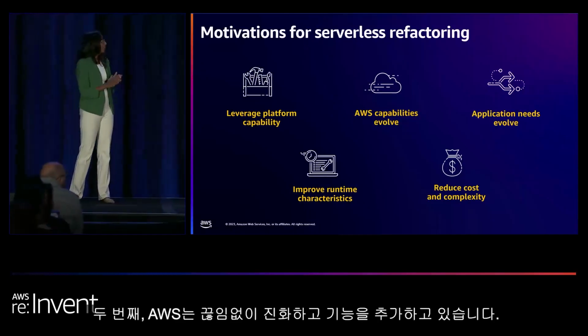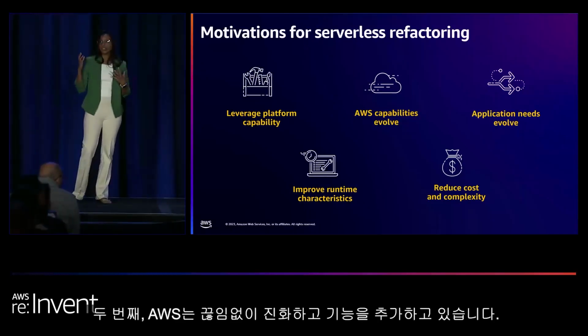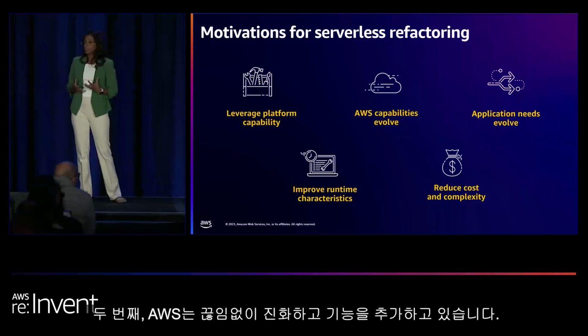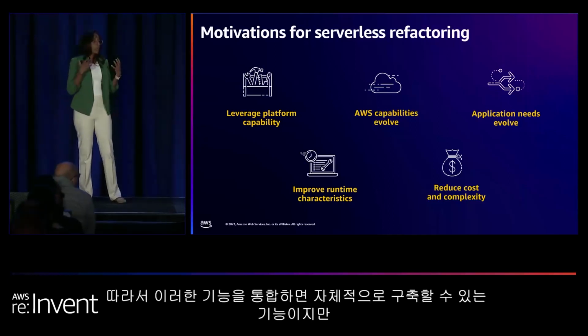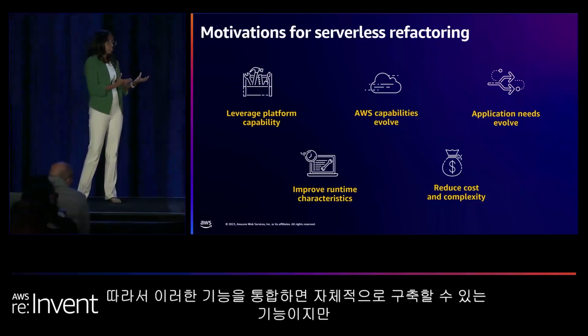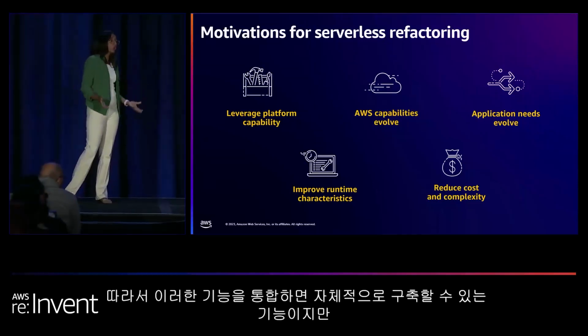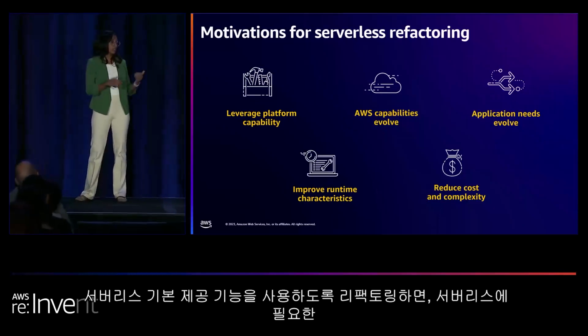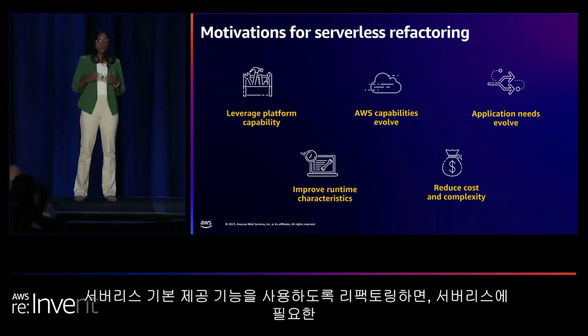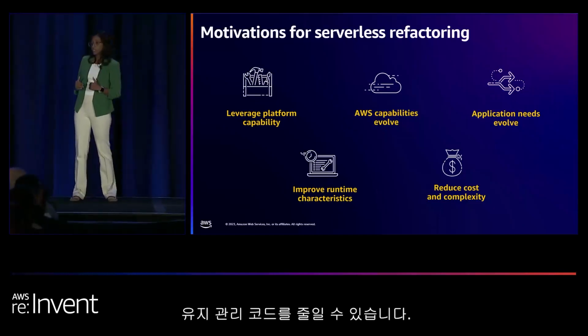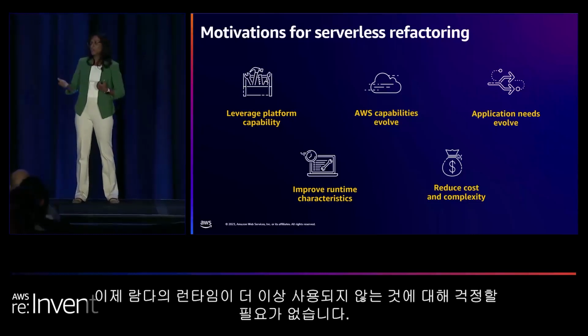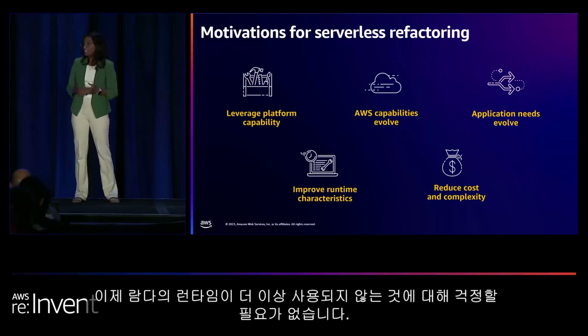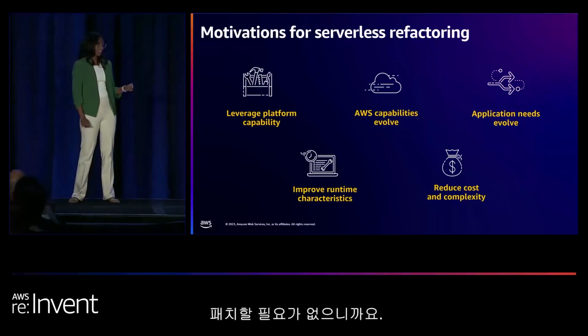The second one, AWS is constantly evolving and adding features. So by refactoring to use serverless out-of-the-box features, something that you would have built on your own, you can also help reduce your maintenance code. Because you don't have to worry about your Lambda runtime getting deprecated or having to patch things.